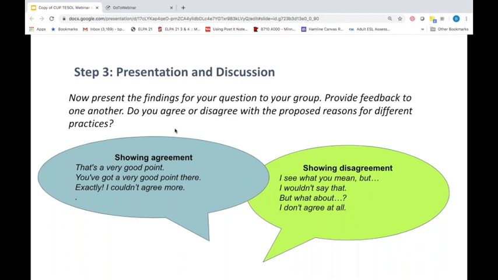That was one of the things that Kim and I found in our study, that adult ESL teachers don't do nearly as much in the way of presentations in class as we find in English for academic purpose programs or in college and career programs. So this is a way to do mini presentations within your instruction on whatever topics you're covering. You'll also notice that we're giving more paragraph frames for them to engage with others during their presentation, so that people can, for example, in this instance, show agreement or disagreement about what they're hearing.